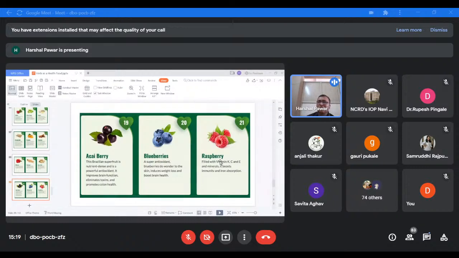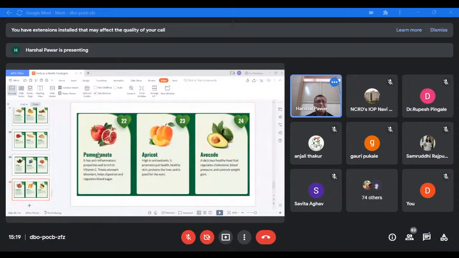It is a good source of iron, and apart from this, pomegranate is there, which has good anti-inflammatory property, antioxidant property. If you see the rind of this fruit, the skin of this fruit, it is rich in tannins, in flavonoids, but unfortunately we are throwing it out.